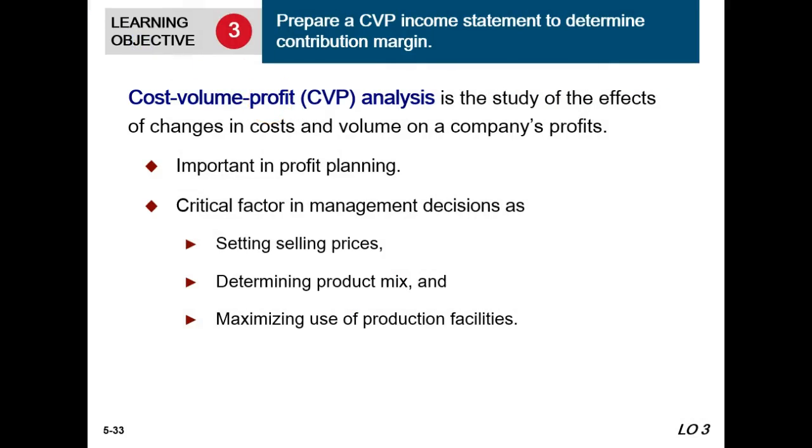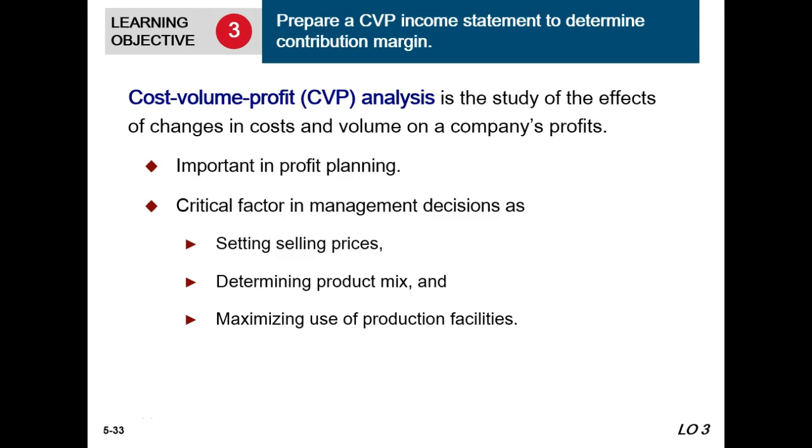So we've captured two really important pieces. Now we've got the third: CVP, Cost Volume Profit Analysis. This is basically looking at costs and really understanding how those costs change based on volumes. It is a manager's tool for making decisions.